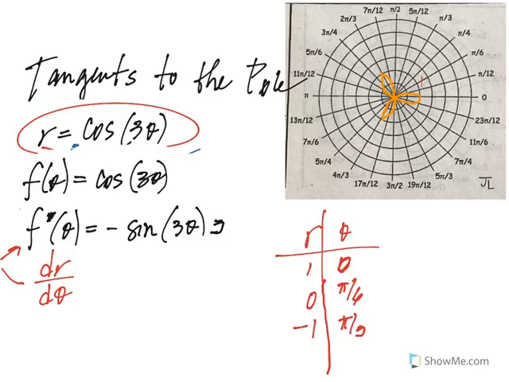Now, if I make an r theta table based on this equation right here, what you can see is as my thetas increase from 0 to pi over 3, my r's steadily decrease from 1 to 0 to negative 1. So as I make my way around the circle, going from 0 all the way up here to pi over 3, my r values are going to start at 1.